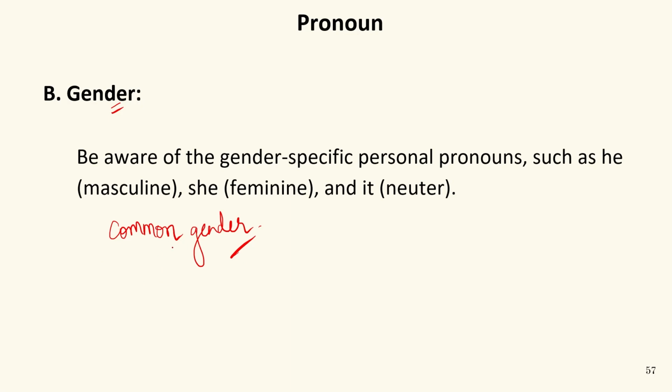Now what happens if a common gender is given to you and you have to use a pronoun for it? Preference should be given to the masculine gender. We know well that we are not able to identify whether we are talking about male or female. So the masculine gender should be given the preference.